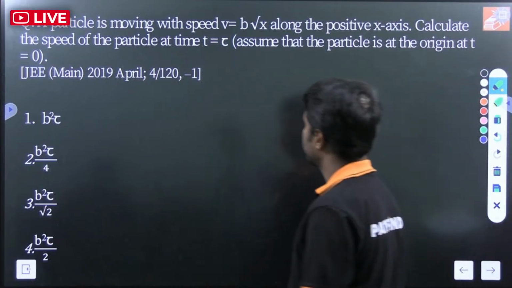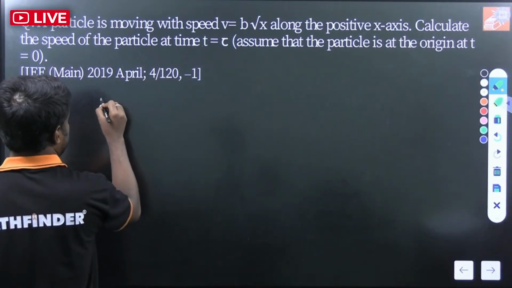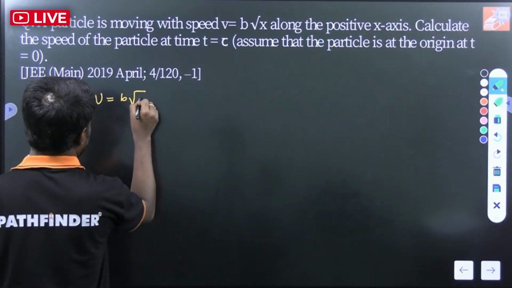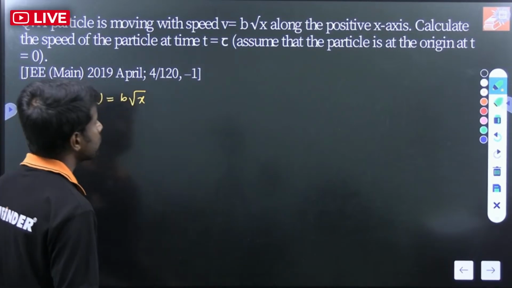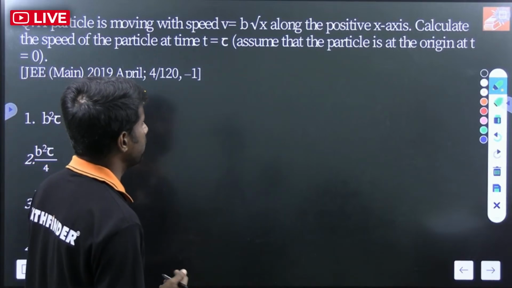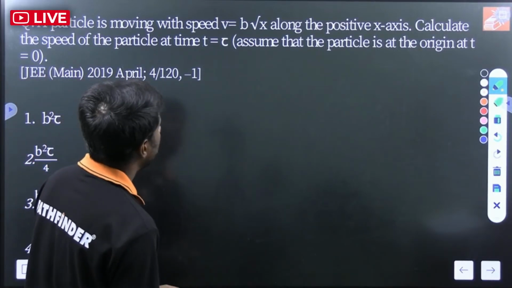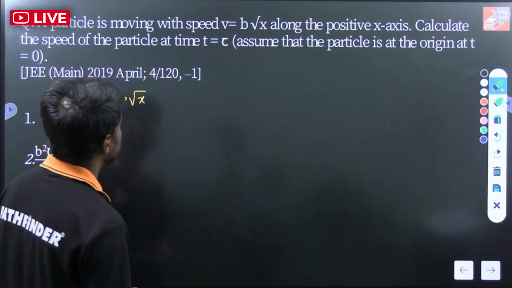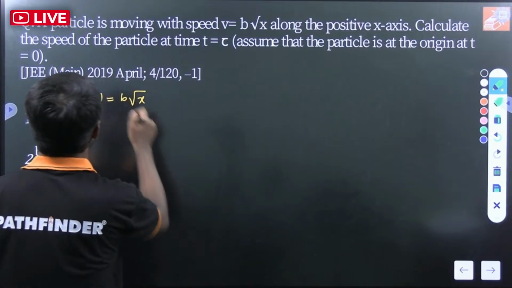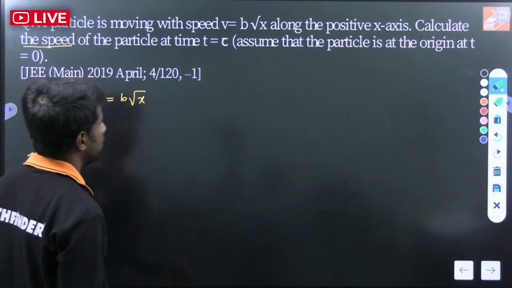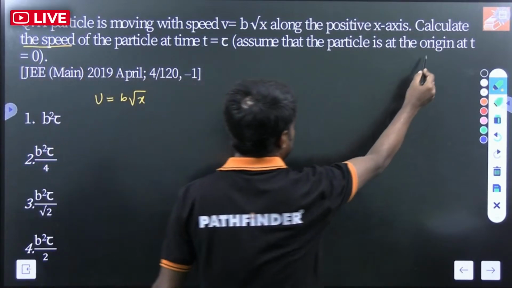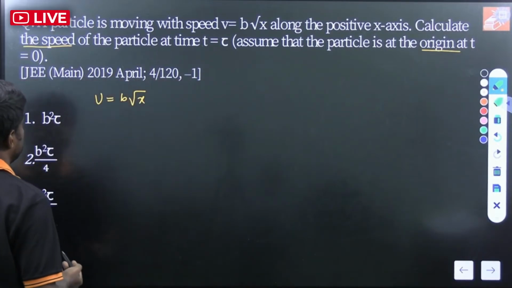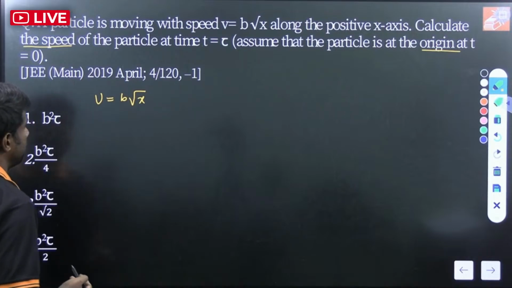They said the velocity is equal to b root x along the positive x axis, and we must calculate the speed of the particle at time t equal to tau. The particle starts from the origin, that is, x equal to 0 at the start. This question came in 2019.